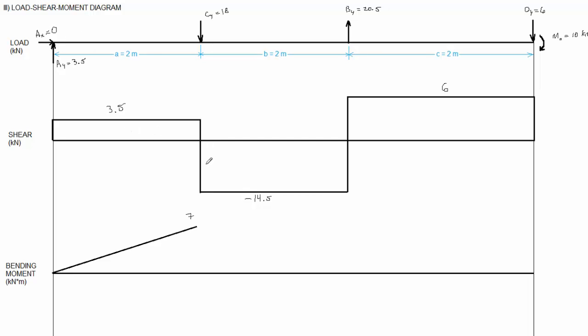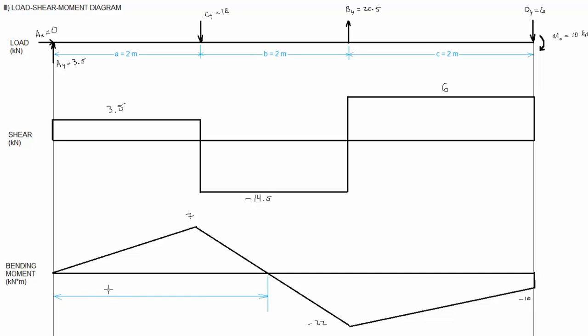Now this next area here is 2 times negative 14.5, which would be negative 29. So that means that this changes from 7 to a negative 22. The next area is a positive 6 times 2, which would be a positive 12. Negative 22 plus 12 is going to give us negative 10. As I said before, a concentrated moment on the load diagram will produce an instantaneous change on the moment diagram.